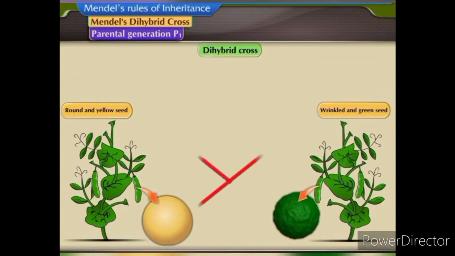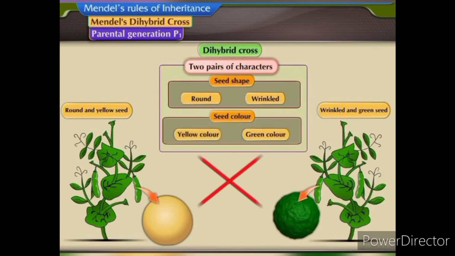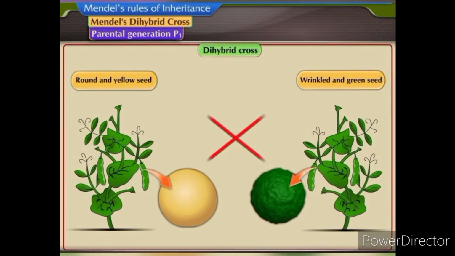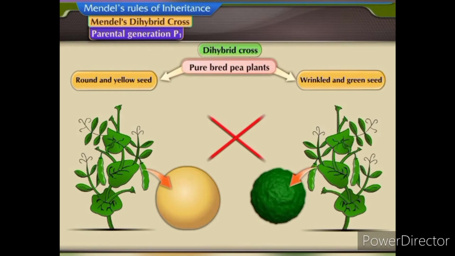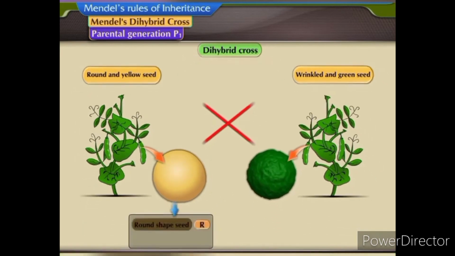In this cross, the two pairs of characters involved are the seed shape and the seed color. Let us analyze the cross step by step. To begin with a dihybrid cross, Mendel first obtained purebred pea plants with round and yellow seeds and other purebred plants with wrinkled and green seeds. The letter capital R is used to denote round-shaped seed and capital Y to denote yellow-colored seed.